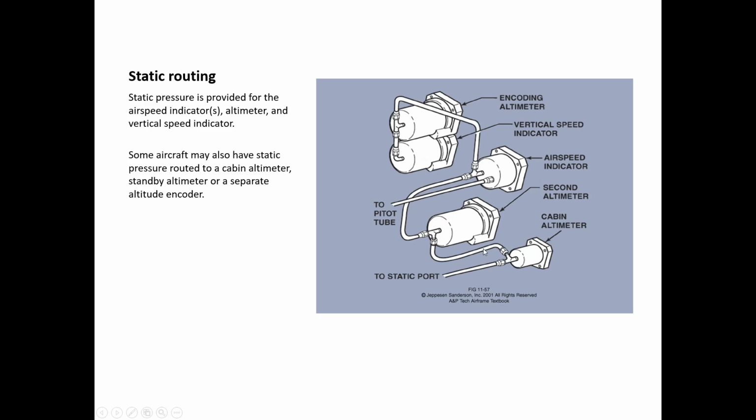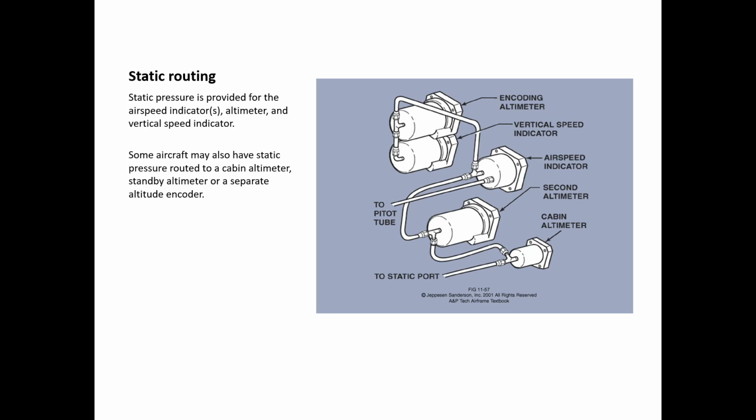The static routing. Static pressure is provided for the airspeed indicator, altimeter, and vertical speed indicator, so all three. Some aircraft may also have a static pressure routed to a cabin altimeter, standby altimeter, or a separate altitude encoder. I think I noticed that briefly on the multiple system slide that we looked at earlier.